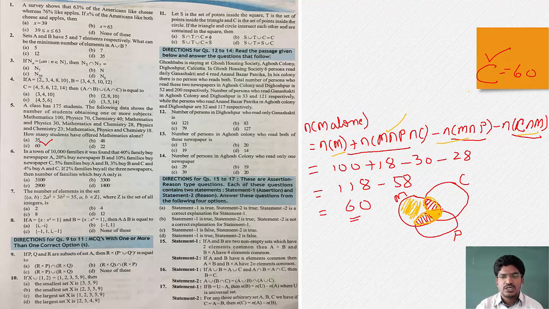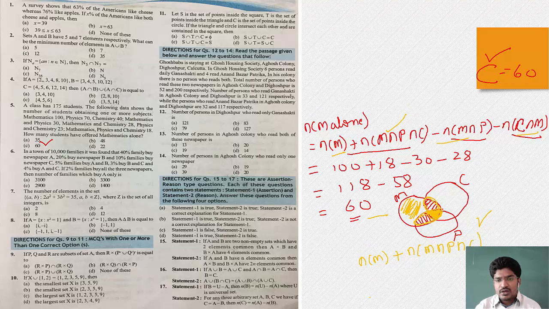I think you got a clear idea of this. If you have any doubts, you can ask by making a comment or sending a message, no problem. But you should have an idea that n of M plus n of M intersection P intersection C gives you the total number of students who are studying maths.